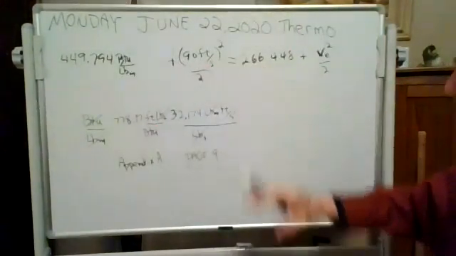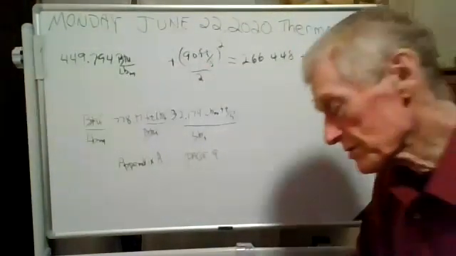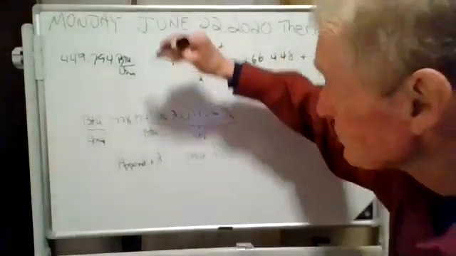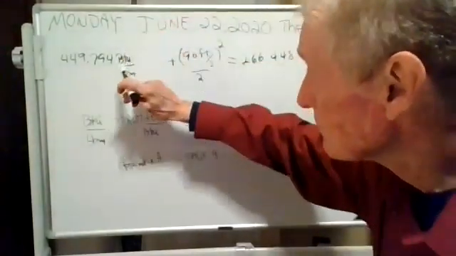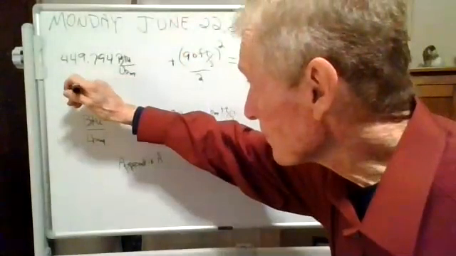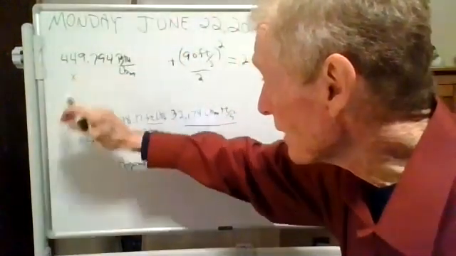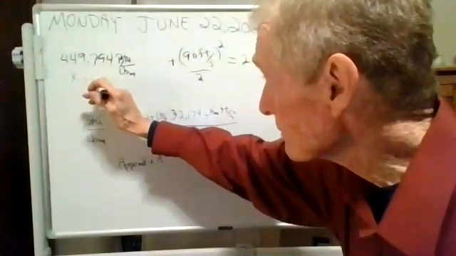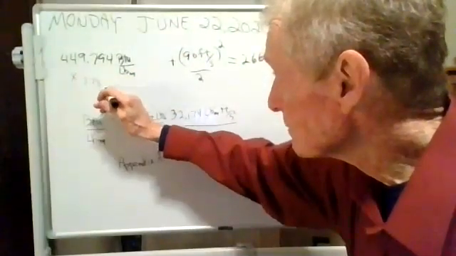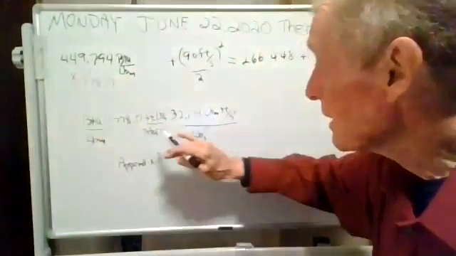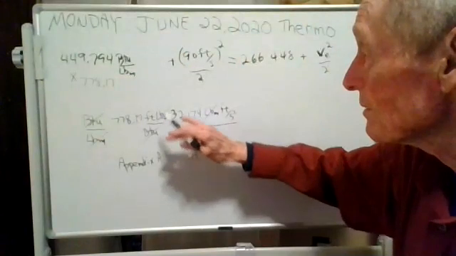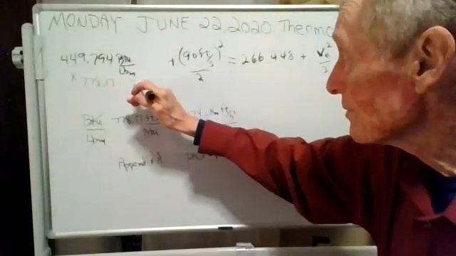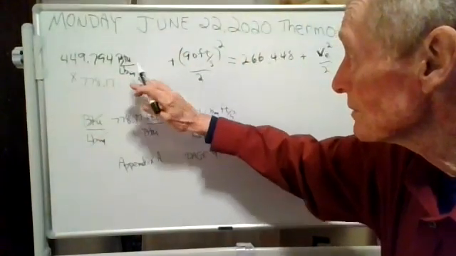Same with this one. I didn't give myself enough room, but see what you have to do is multiply this number by 778.17, and then you have to multiply it also by 32.174.